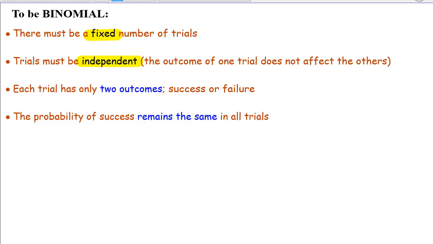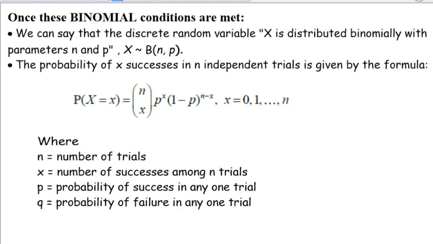Each trial has only two possible outcomes, success or failure, and the probability of success remains the same. Remember, in each of the trials we did in the previous example, the probability of success remained the same. And if those conditions are met, then we have a binomial experiment.